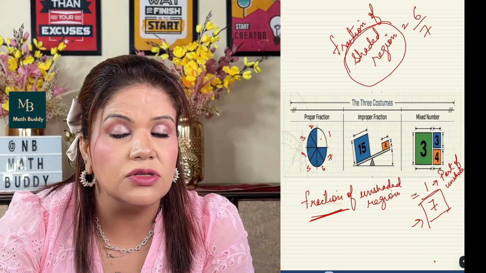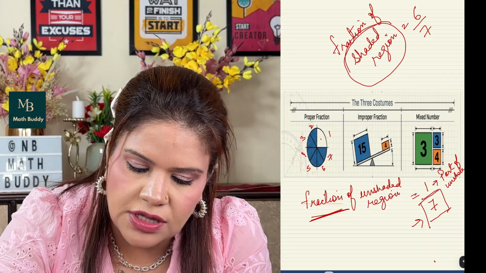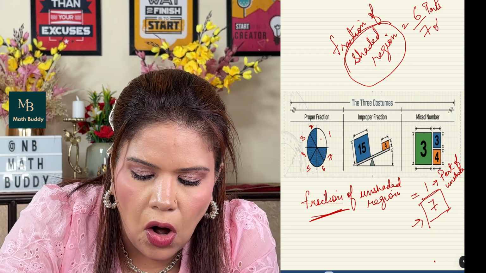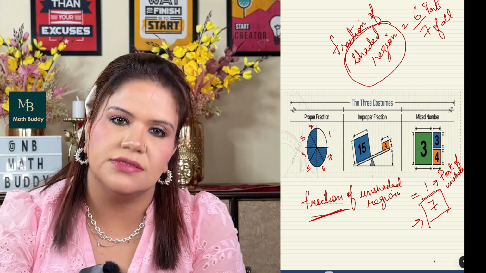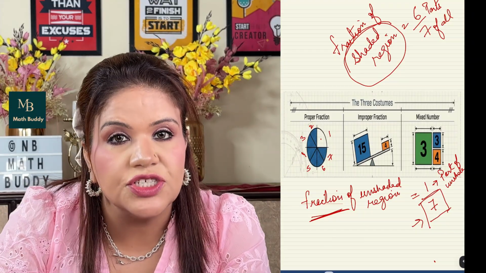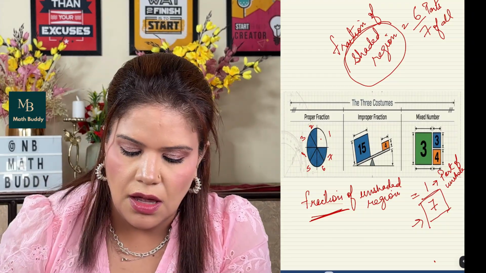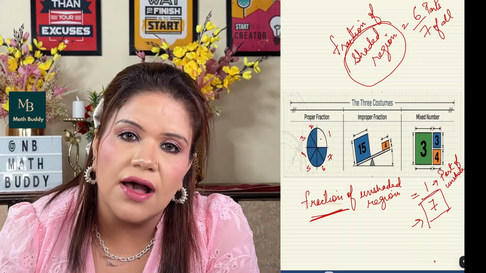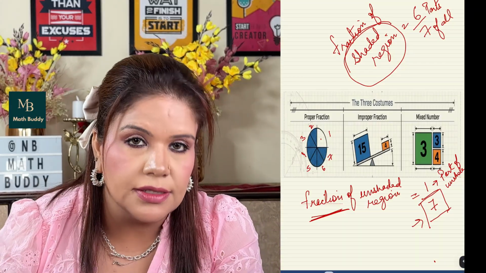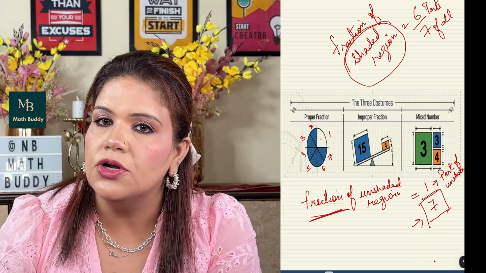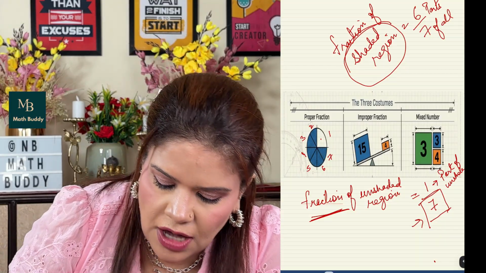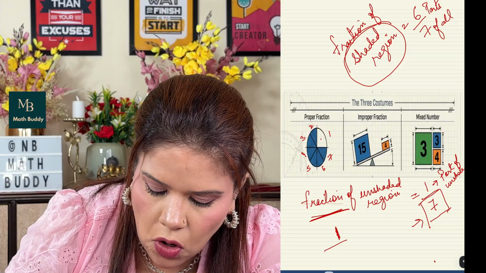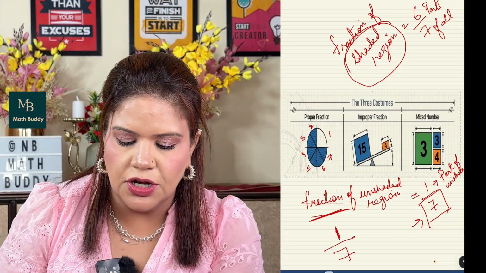He is asking about the shaded parts. So these are the parts of all 7 pieces which were shaded. So that's why a proper fraction always has a smaller numerator as compared to the denominator. The number in the numerator is always less than the denominator.